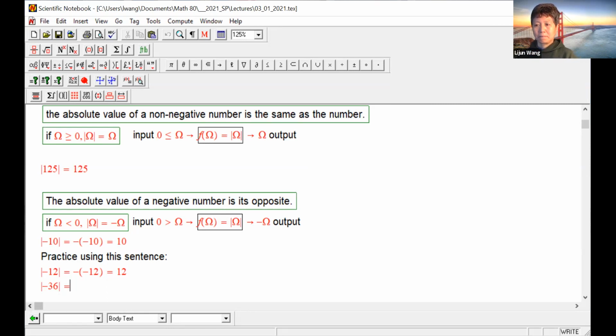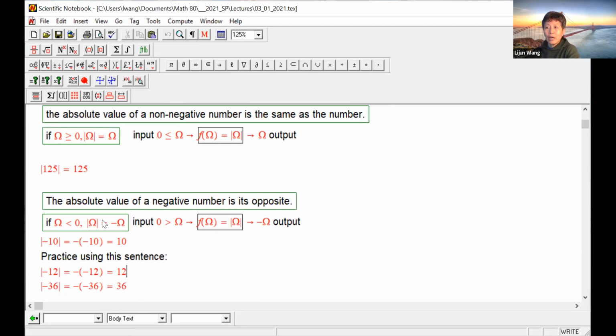Yeah? It's the opposite of negative 36, which is positive 36. By doing so, we make a connection between output and input. That's how they're related.